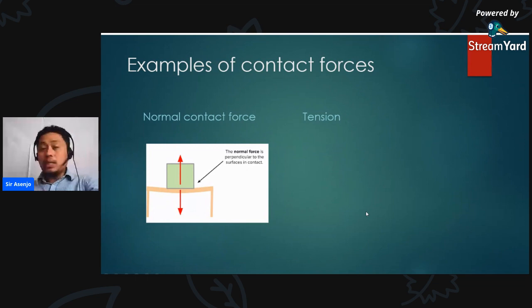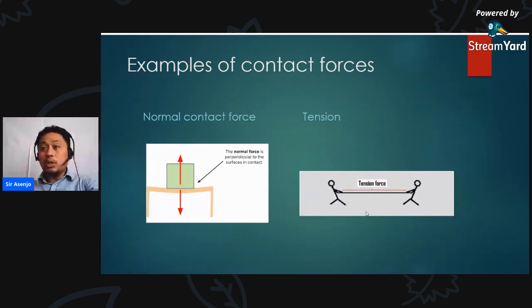The second example of a contact force is tension. You observe this. The agent for the tension force, remember class, the agent is the rope. You observe two boys having a tug of war. They pull the rope in opposite directions. So the agent of the tension force is the rope.